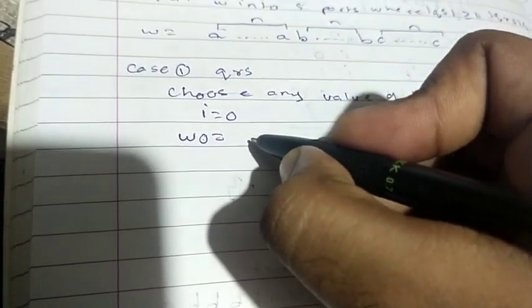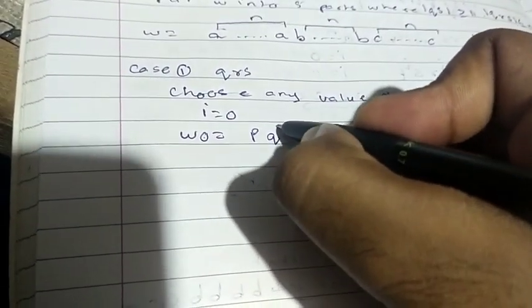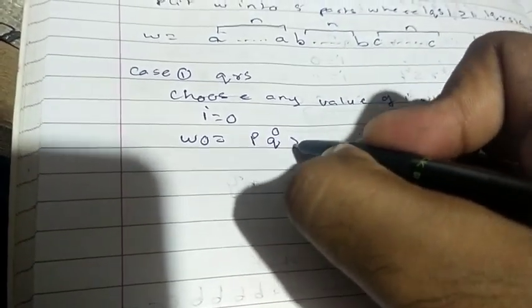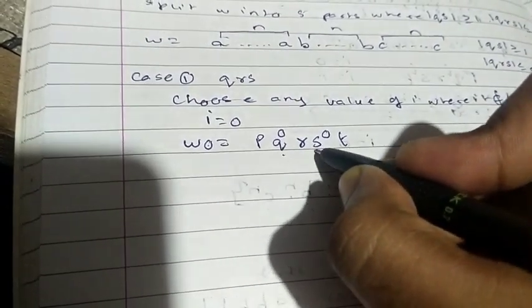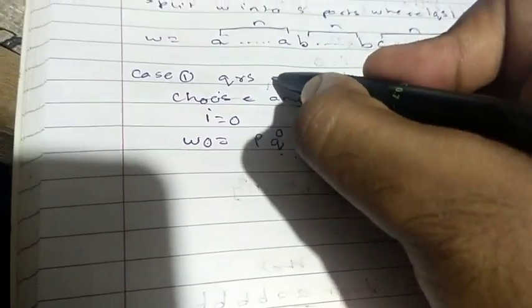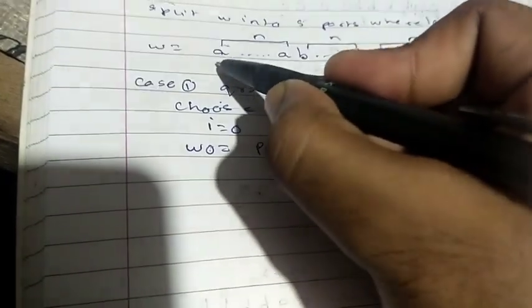So W0 equals P Q0 Q, where I is placed upon Q and I is placed upon S and T. Since QS is placed now within QRS, case 1 is within AN, meaning QRS is placed within these two lines.